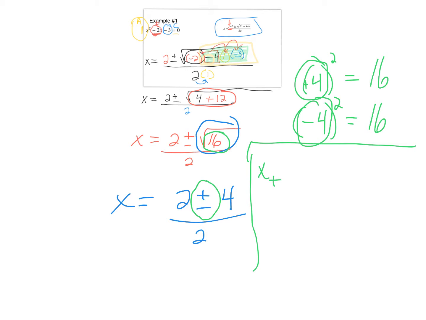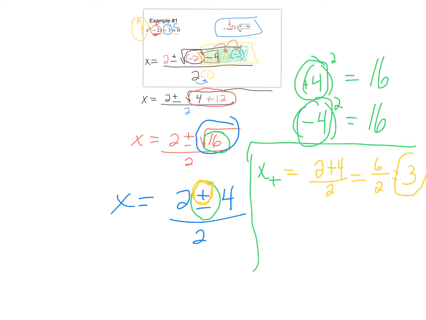We start with the x positive. So I'm going to pretend that this symbol was a plus, not plus or minus, just a plus. So you would have 2 plus 4 divided by 2. Well, 2 plus 4 is 6 divided by 2, which is just 3.